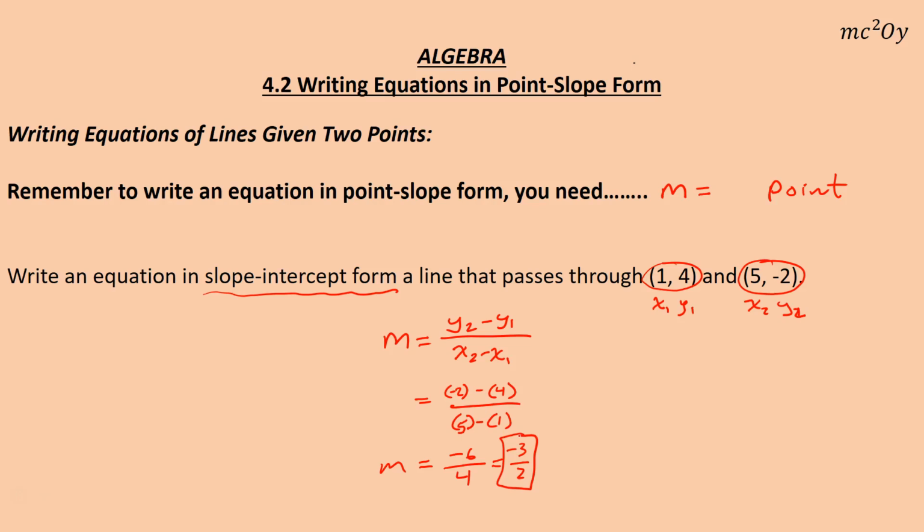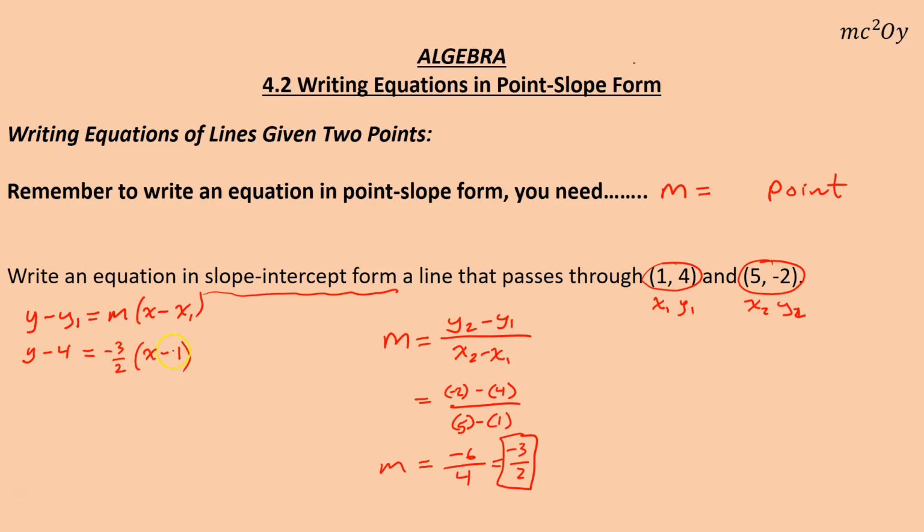Now I could write the equation with either point. I'm going to use point-slope form because I have 2 points and I have m now. So if I go y minus y1 equals m times (x minus x1), using (4, 1), y minus 4 equals our slope, -3/2, and then x minus 1.